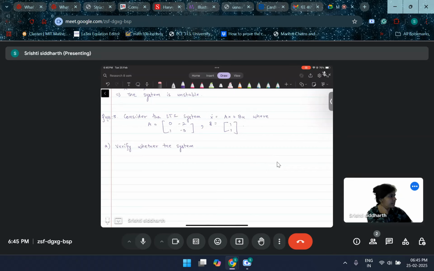The second part is to get all the eigenvalues shifted to the desired location.